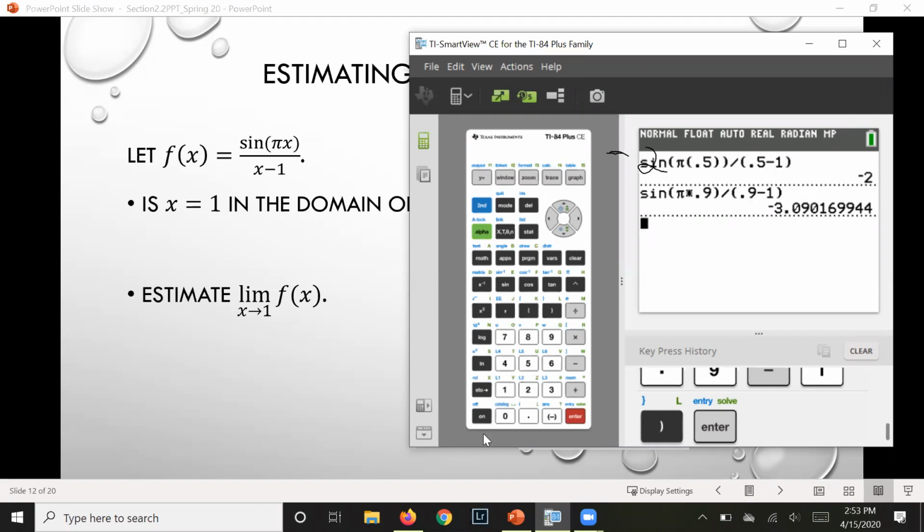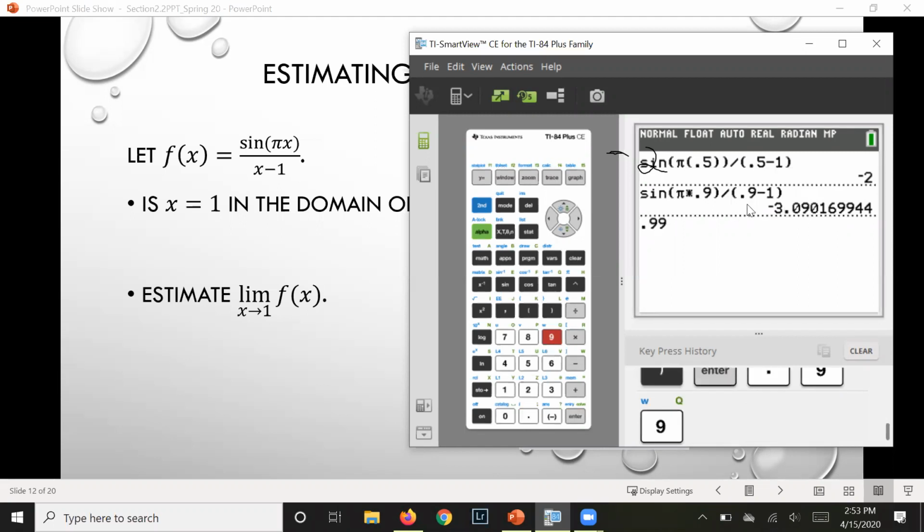So the next value I have to put in is 0.99. Rather than write out that whole equation again, plugging in 0.99, what I'm instead going to do is input 0.99, use this little STO button in the corner here, which is going to put that arrow in, and then I can hit the X button.